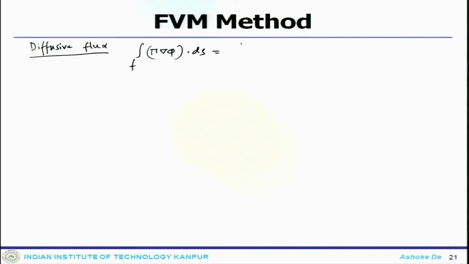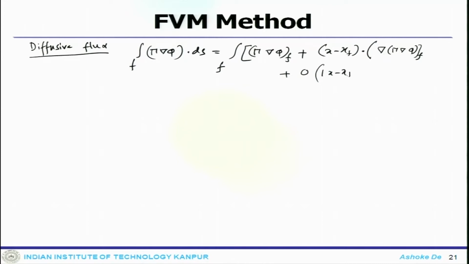You can write over this surface gamma delta phi f plus x minus x f dot delta of gamma delta phi, plus order of x minus x f square, dot dS. You collect the terms on the right hand side.